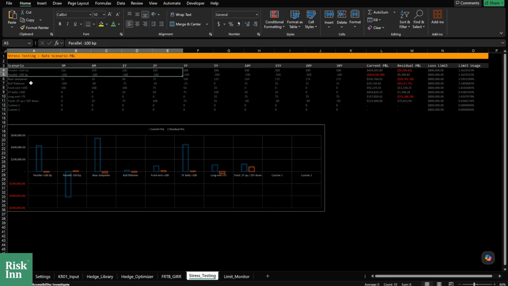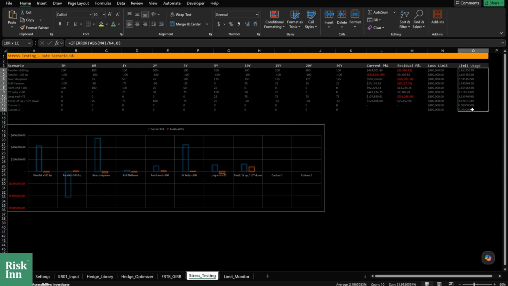So based on each of these scenarios, right, parallel plus 100, parallel minus, steepener, flattener, twist, and all these things, see that before the hedging, what was the exposure, like how much was the PNL before the hedge portfolio. You can see these blue ones, and after hedging the PNLs have reduced significantly, which is the orange one, right?